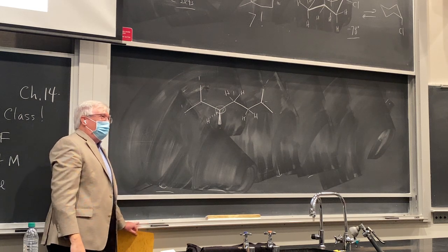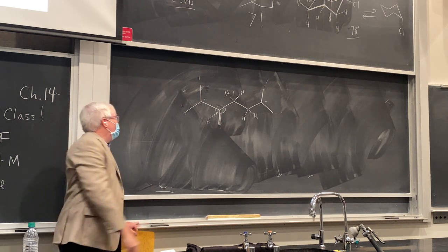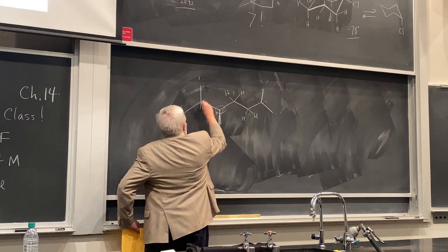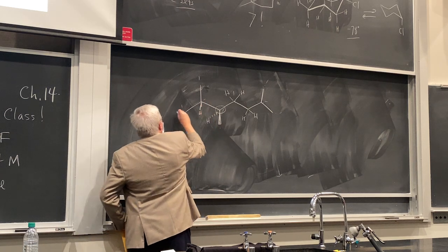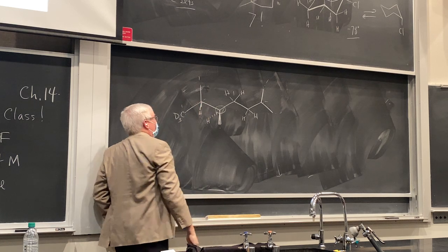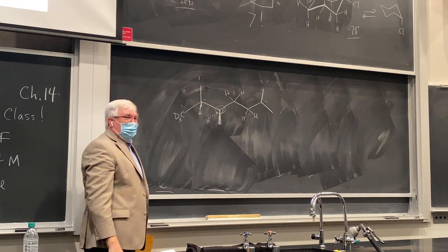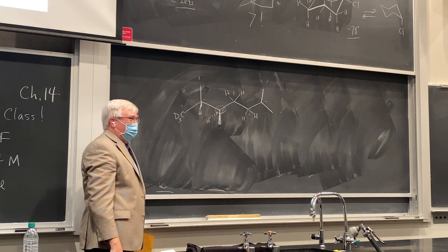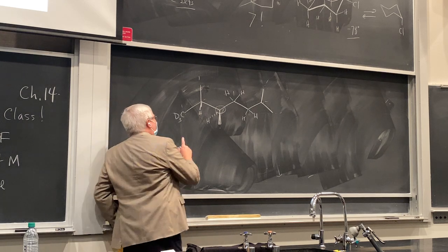You can do your substitution on those, and you'll actually see if you do these differently with CD3 here versus CD3 over there. Those can actually be diastereotopic also. That's a little bit trickier.